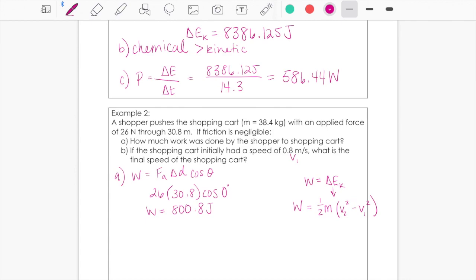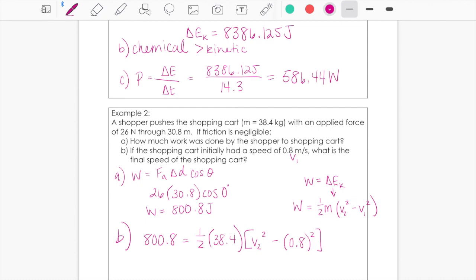So we have 800.8 equals 1/2 times our mass, which is 38.4, times the difference of V2, which we don't have, that's what we're trying to calculate, squared, minus our V1, which is 0.8 squared.